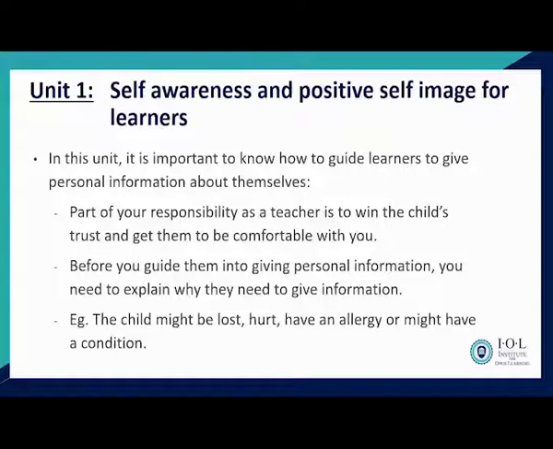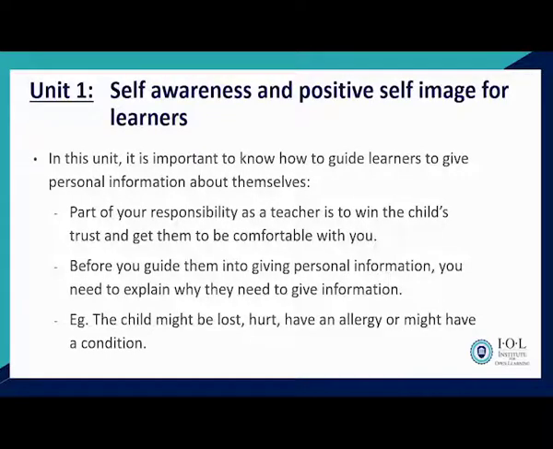Unit 1. Self-awareness and positive self-image for learners. In this unit, it is important to know how to guide learners to give personal information about themselves. Part of your responsibility as a teacher is to win the child's trust and get them to be comfortable with you. Before you guide them into giving personal information, you need to explain why they need to give information.